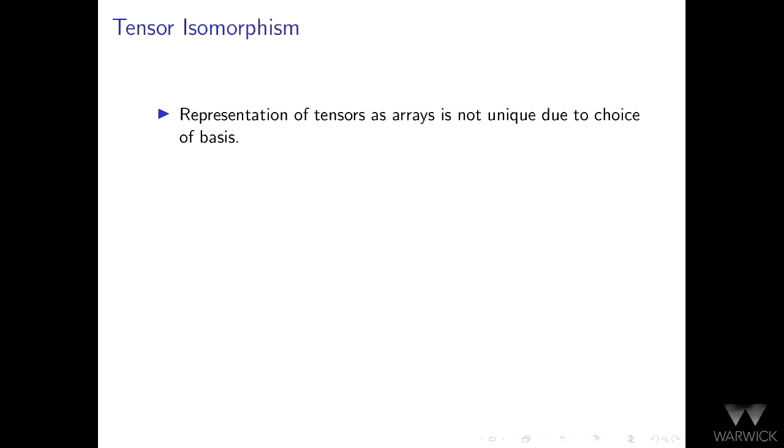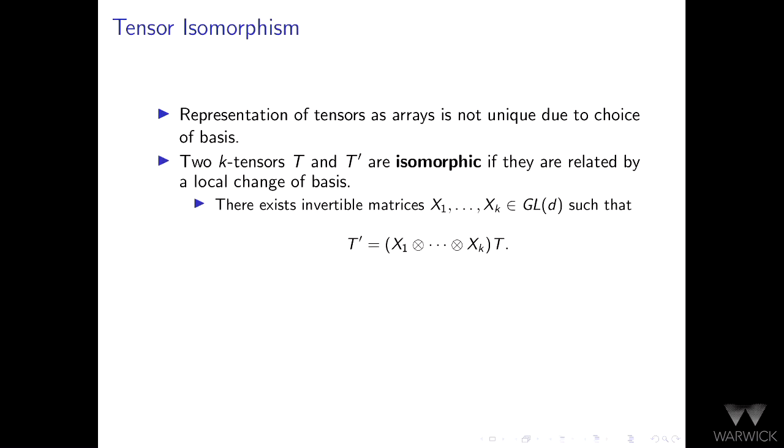Just as the representation of a linear map is not unique, since it depends on the choice of the basis, the representation of tensors as arrays is not unique, again due to the same issue. So we need a notion of what it means for 2 different arrays of numbers to represent the same tensor. This leads us to the definition of tensor isomorphism: 2 k-tensors, t and t prime, are isomorphic if they are related by local change of basis.